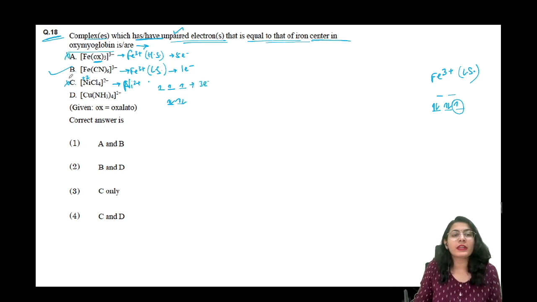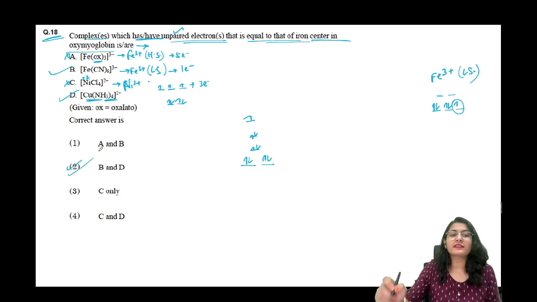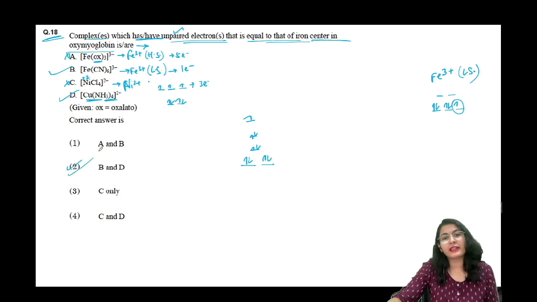No. D option, copper 2 plus is a D9 system, tetrahedral or square planar. This is actually square planar complex, and it is going to have one unpaired electron, because in a square planar complex, this is how you're going to split 1, 2, 3, 4, 5, 6, 7, 8 and 9, one unpaired electron. So B and D are correct. This is the correct answer. Only one unpaired electron we want.